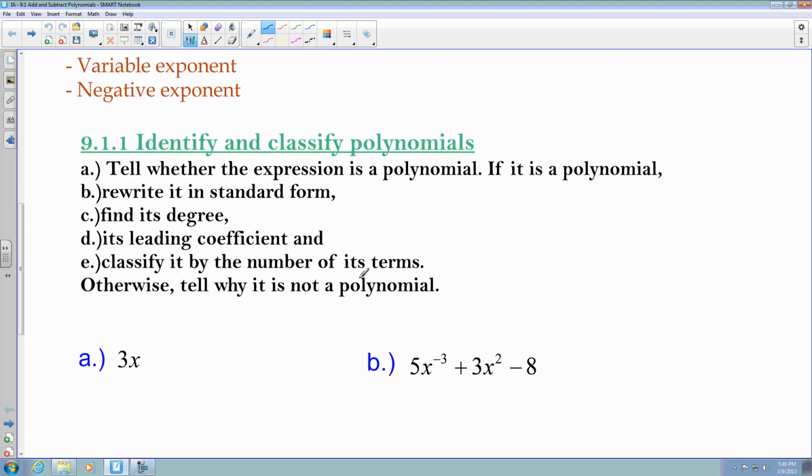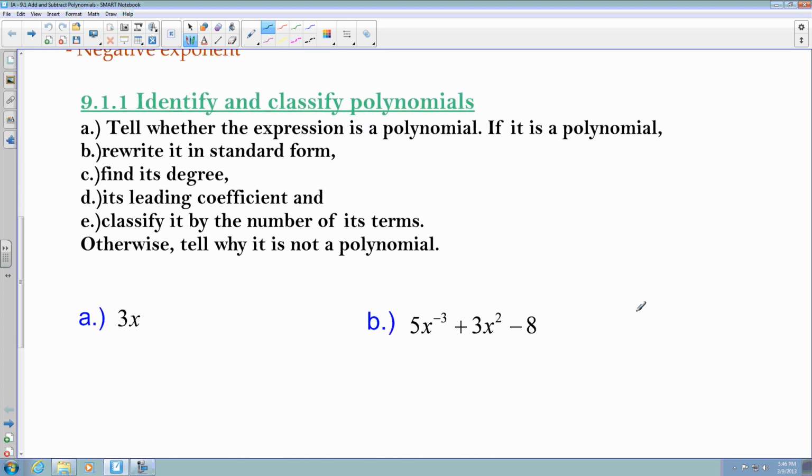So these are the classifications of what would not make a polynomial. So for these first examples I have here, I want you to A, tell whether the expression is a polynomial, and if it is, rewrite it in standard form.